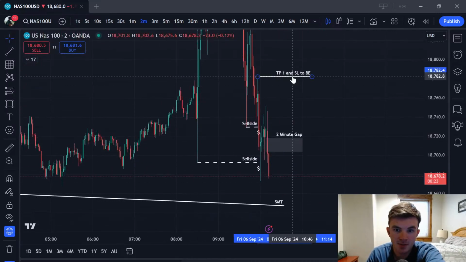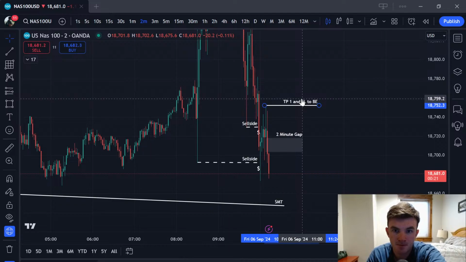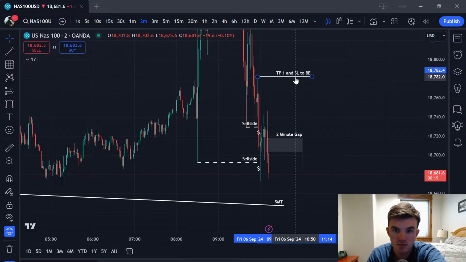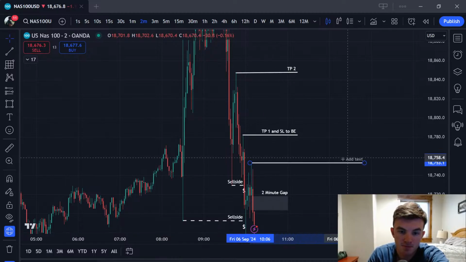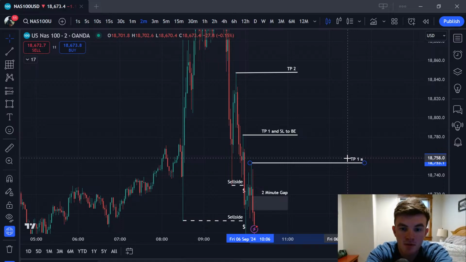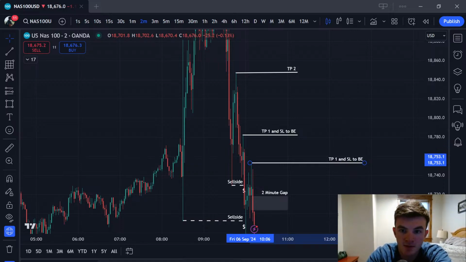So now this will be TP1, and stop loss to break even.